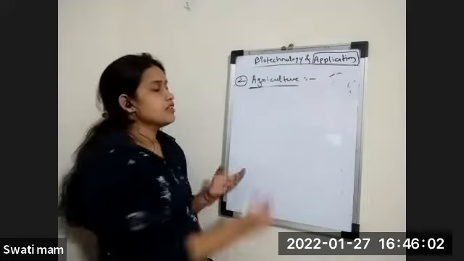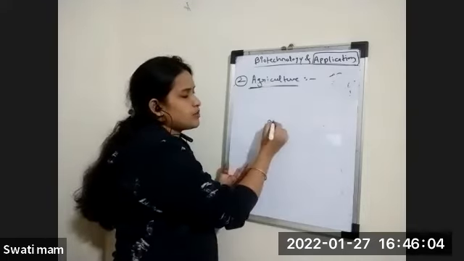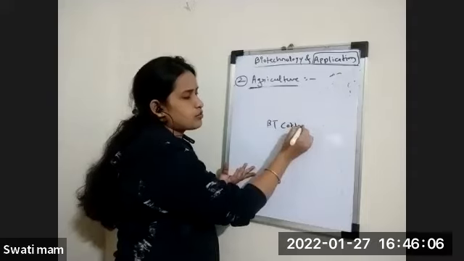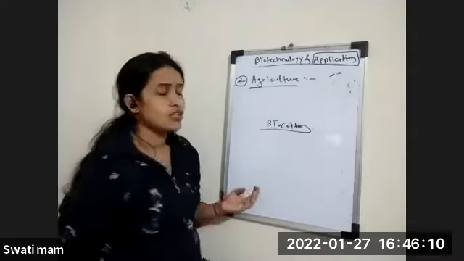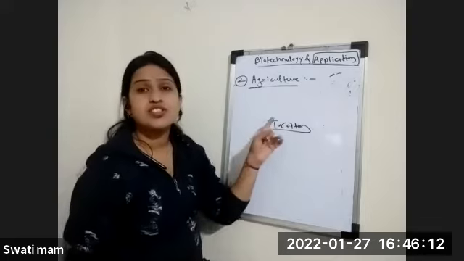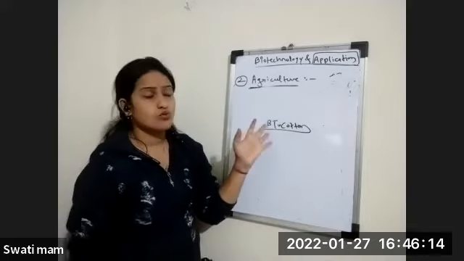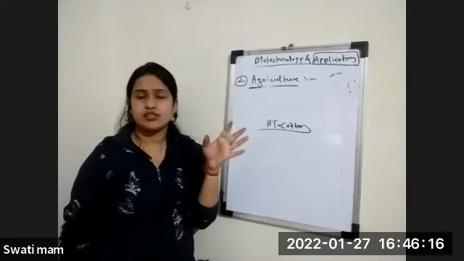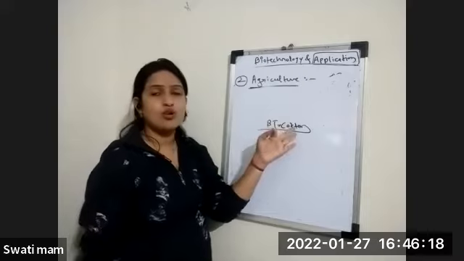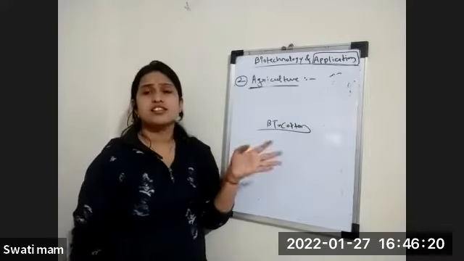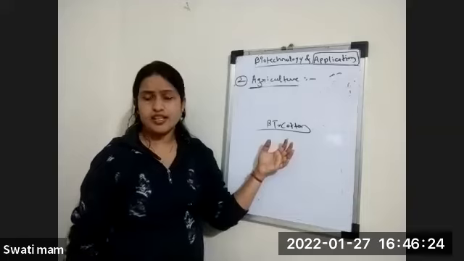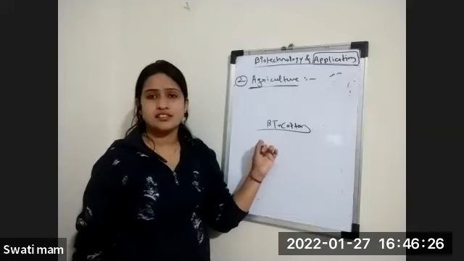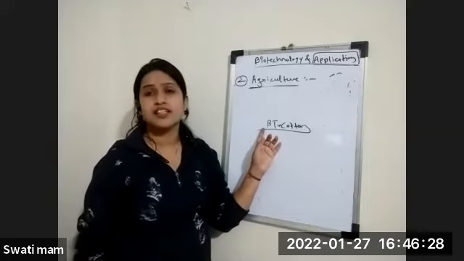You must have heard BT cotton as an example many times. BT cotton is one of the strains of cotton, that is, Bacillus thuringiensis cotton. The diseases that occur on cotton as well as other plants get vanished by this species, the BT cotton.